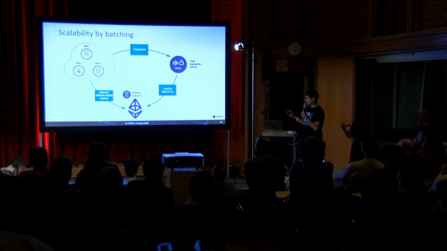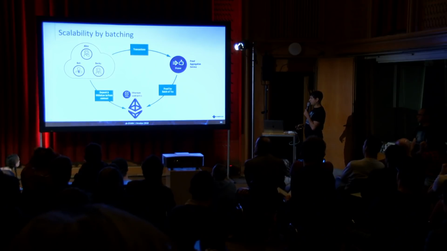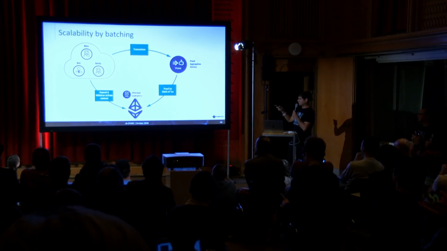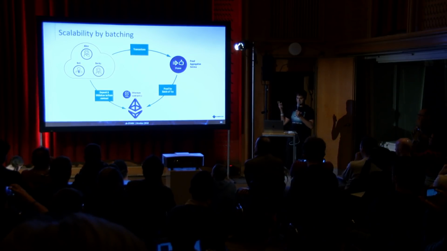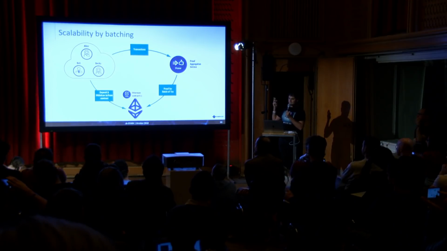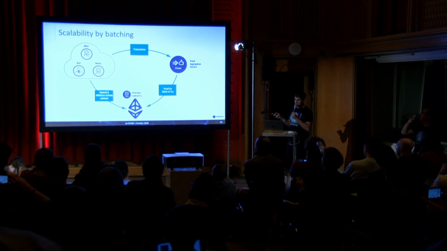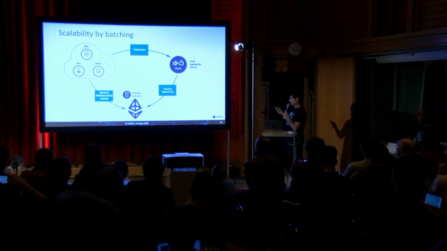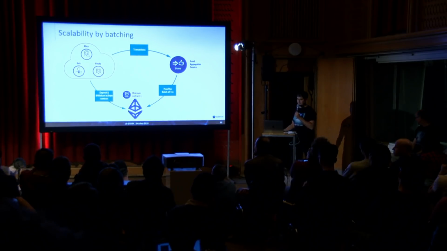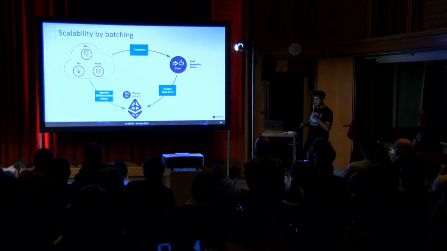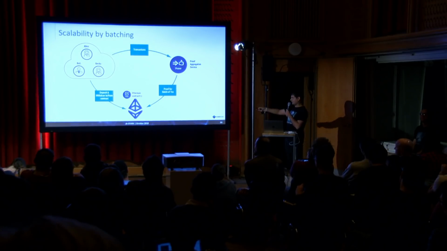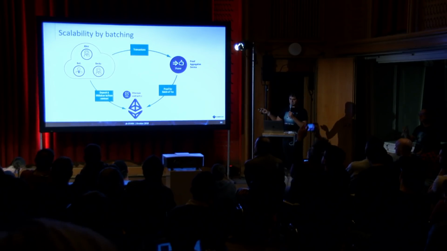So this is how such a system can work. There are users. If you want to implement scalability by batching on a second layer, there is a smart contract. Users can deposit or withdraw to or from the smart contract. Once they have done it, they can now play in the world of the smart contract.